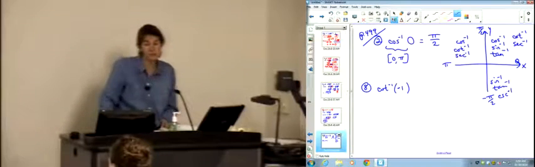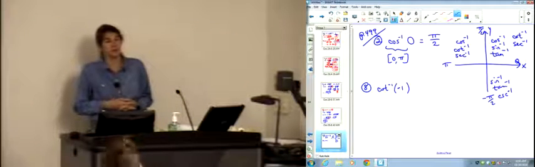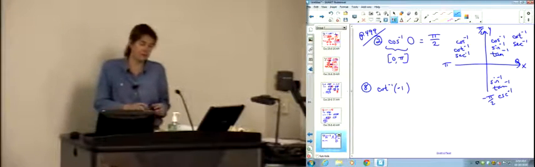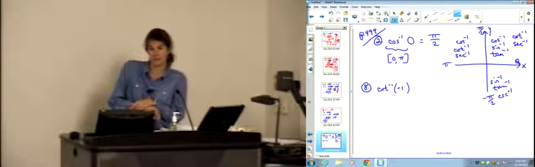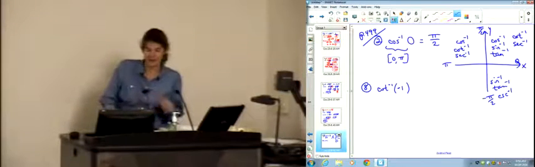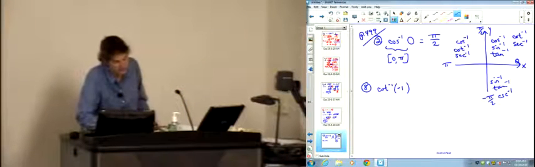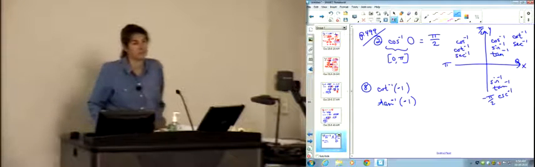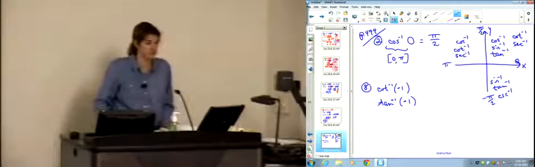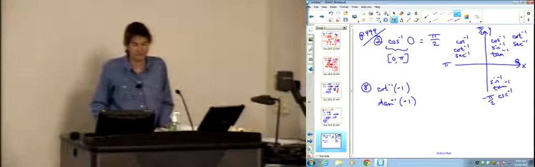Inverse cotangent's only defined from 0 to pi. We want where the cotangent's equal to -1, which would also mean the tangent's equal to -1, right? Maybe we're used to thinking more about the tangent. If the cotangent is -1, the tangent is also -1.